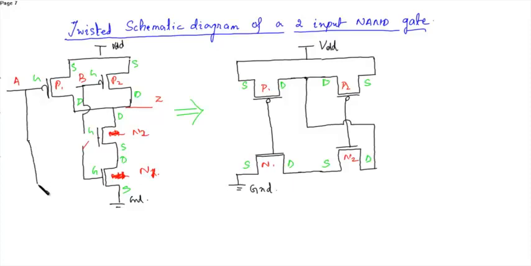This will be connected over here. This is N1 and this will be connected over here. Now this is connected over here. Okay, now this is right. This is a twisted schematic diagram of a 2-input NAND gate.